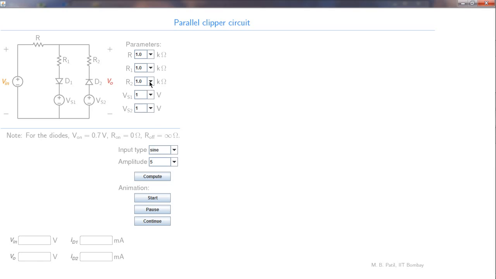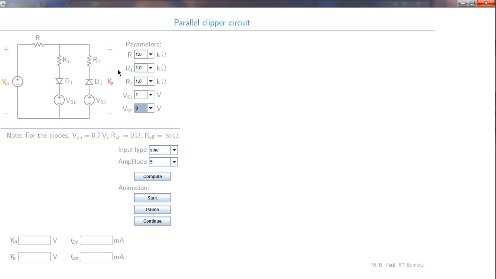Similarly, R2 has the same options. Vs1 can be -5 volts or -4, -3, etc. up to 5 volts, and Vs2 also has those same options. Let us choose Vs2 to be 0 volts because if you recall, we did not have a voltage source over here in our example, and by making Vs2 equal to 0 volts, we are going to make this a short circuit.